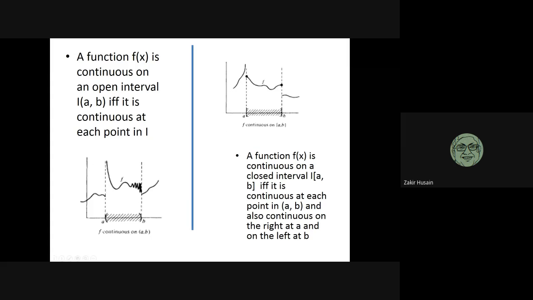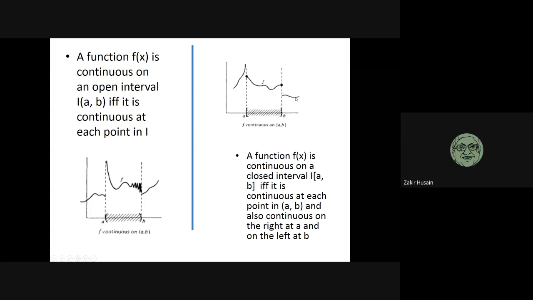Now this is in the case of an open interval. So the boundaries a and b are not included. In case of a closed interval, the boundaries are included, a and b are part of the set. Then we say that a function is continuous. The earlier property remains, it has to be continuous at all points on this set. It is continuous to the right at a.